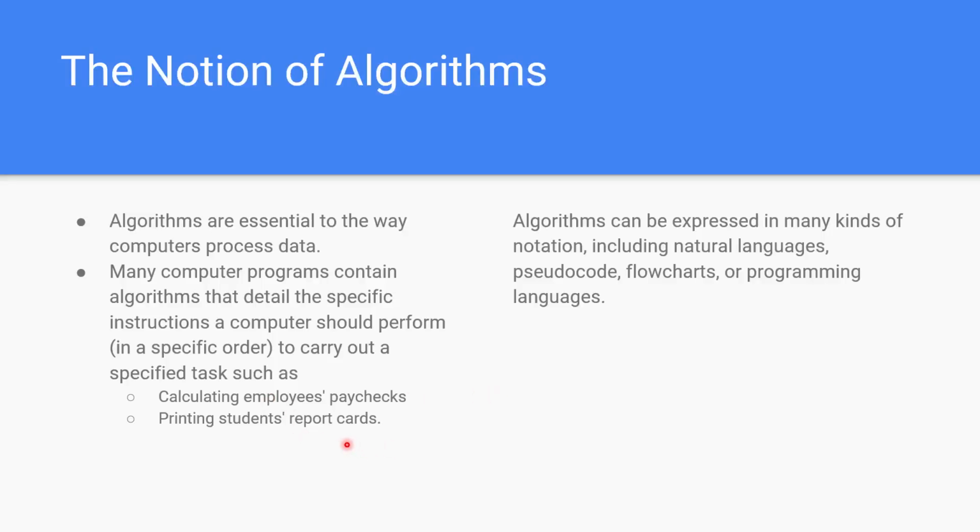And also with calculating report cards and printing report cards, we have to identify the business process and the business steps, and then we can actually go line by line. Sometimes it doesn't always have to be line by line, but we will set up a program, in this case in Java, to calculate and print those student report cards.